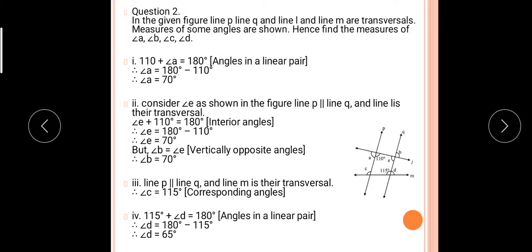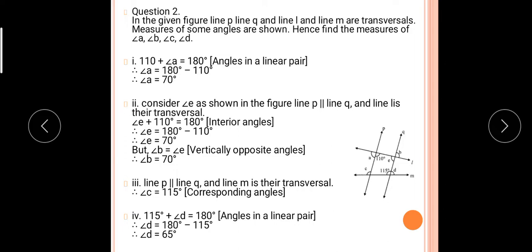Therefore angle E plus 110 is equal to 180, and therefore angle E is equal to 70 degrees. Now, A is 70, E is 70. You can take it this way also. P is parallel to Q, L is a transversal. Angle A is equal to angle E because of corresponding angles. Anyway, any property you can use.